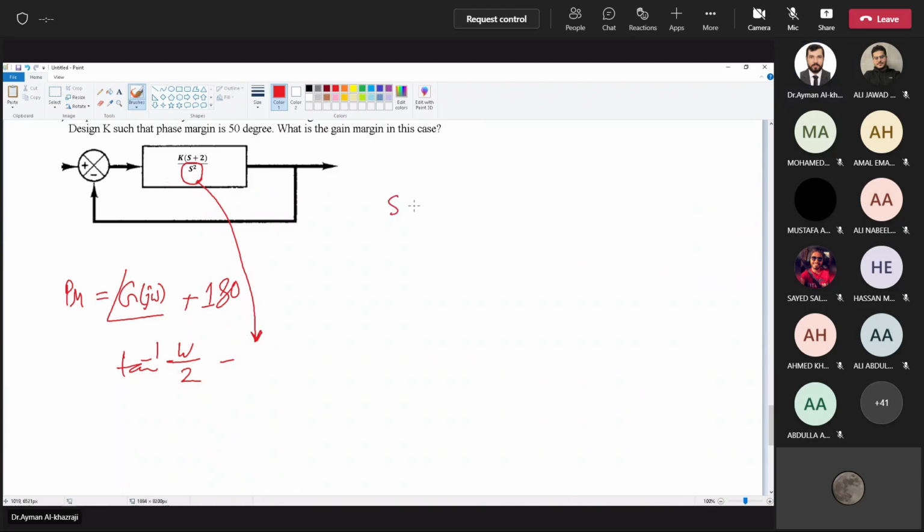The angle of S, minus 90. This is minus 90, this is minus 90. So this will be minus 180. I have a plus 180. Phase margin is 50. I will find omega.